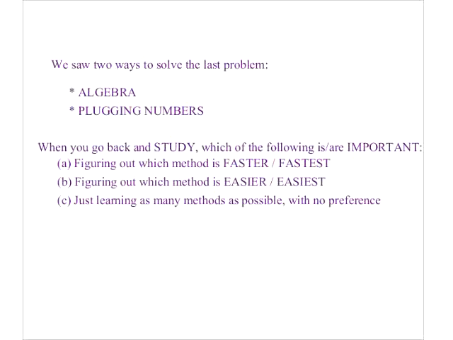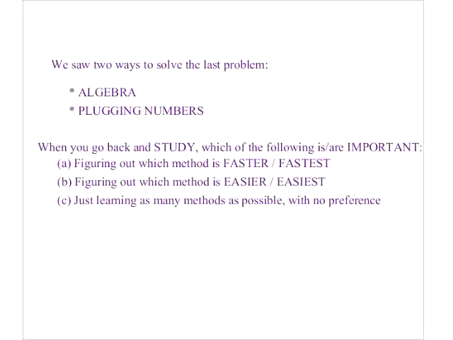Which ones of those do you think are important to do when you go back and study the problem? A, B, C, or whatever combination of those. You can type in the text box if you want.